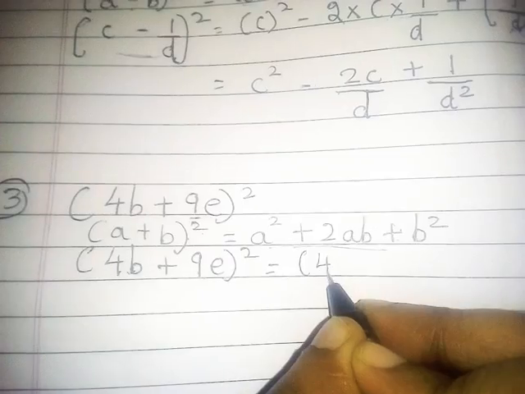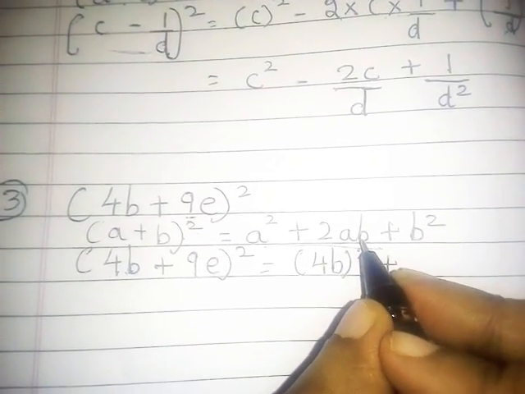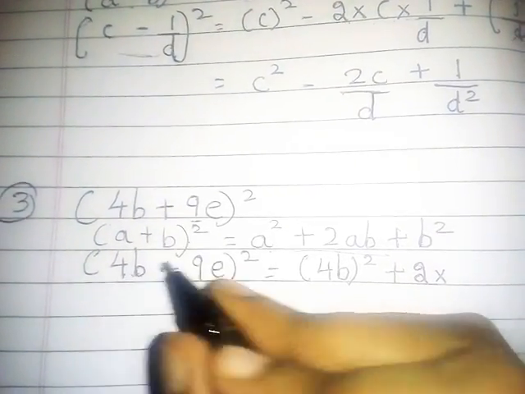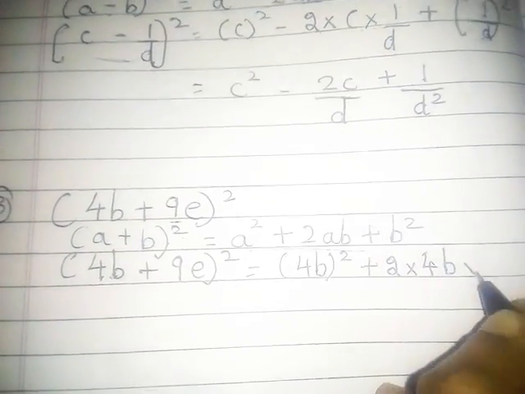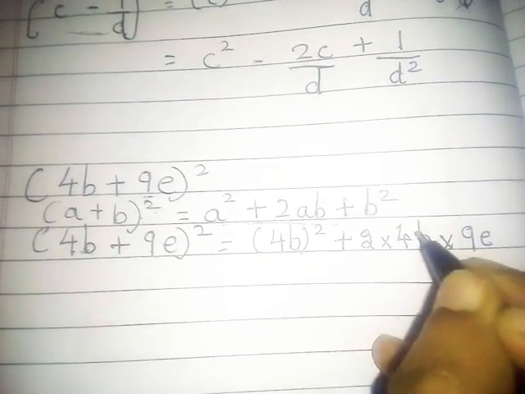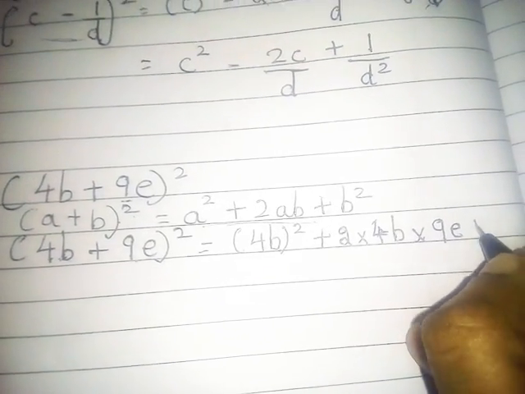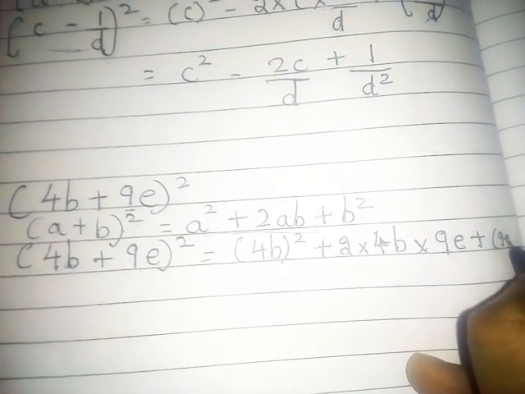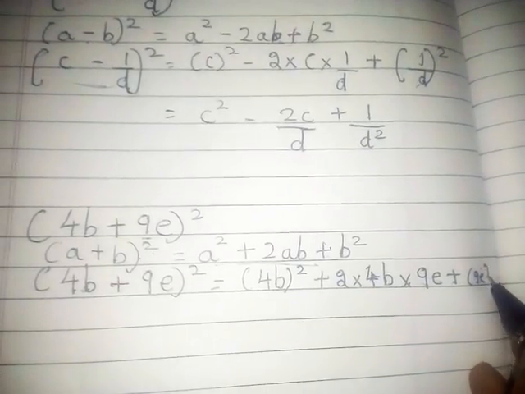That is (4b)² plus 2ab, write in multiplication form: 2 into 4b into 9e, plus (9e) the whole square.